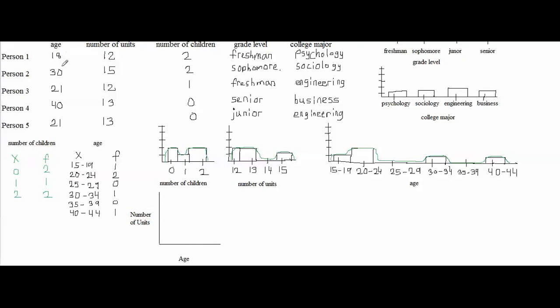Age goes from 18 to 30, so we should probably use multiples of 5 on the x-axis, meaning we should go 0, 5, 10, 15, 20. That should give us a good number of tick marks.